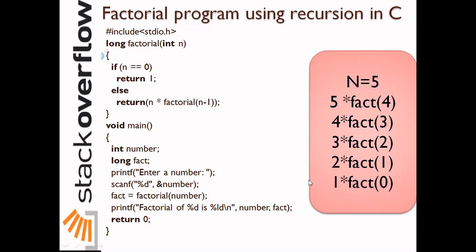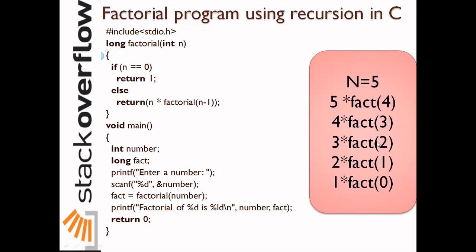Next, factorial 0. When the n value is 0, the condition is satisfied, so it will return 1. So this value will become 1. So 1 into 1 is 1, and this 1 will be returned here. That is called the return function. So 1 into 2, you will get 2.